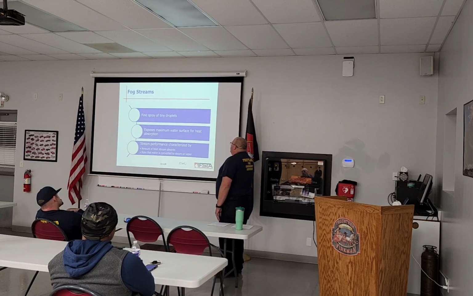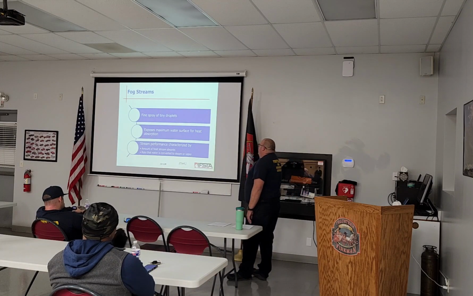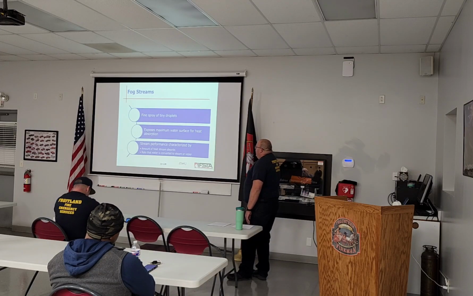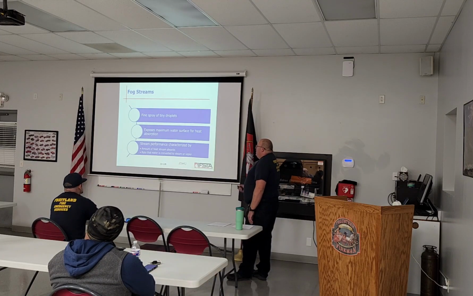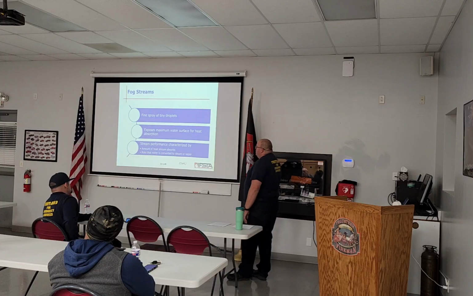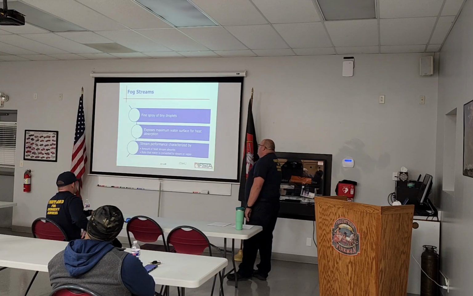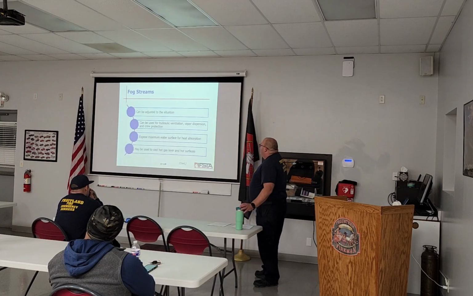Fog streams are a fine spray of tiny droplets that expose maximum water surface for heat absorption, and stream performance is characterized by the amount of heat the stream absorbs and the rate that water is converted to steam or vapor. It can be adjusted to the situation.